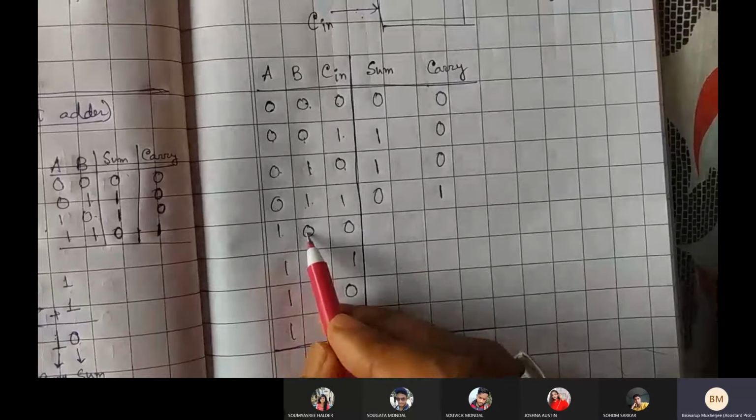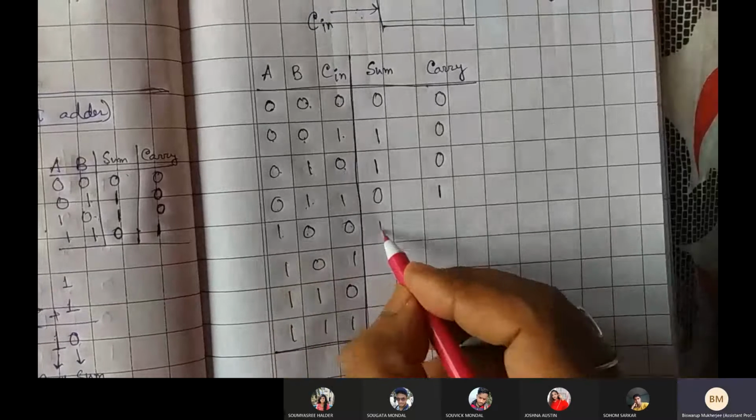Now 0 plus 1, 1. 1 plus 1, that is 10. So that means sum is 0, carry is 1. Right. Next one, 1 plus 0, sum 1 plus 0.